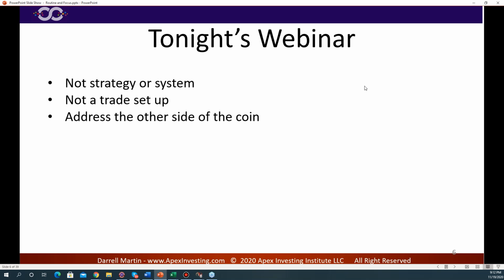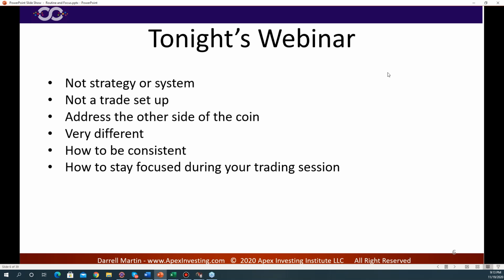If you've traded for even just a few weeks, you've figured out it's a lot more than having some indicators that say press buy or press sell. There's a whole lot to be learned about how to be consistent, or how to simply stay focused during your trading session.